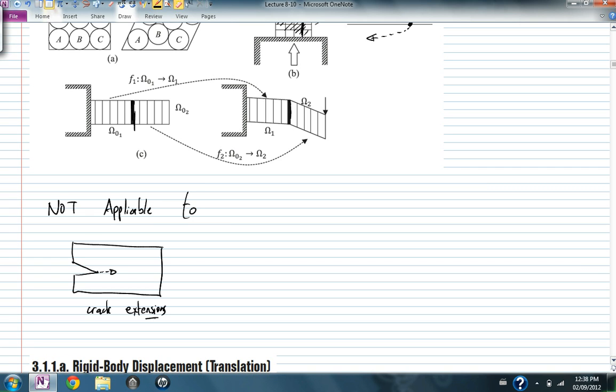Because once the crack extends, I'm losing the bijectivity or the continuity of the deformation function, or in general the appearance of holes within the object.